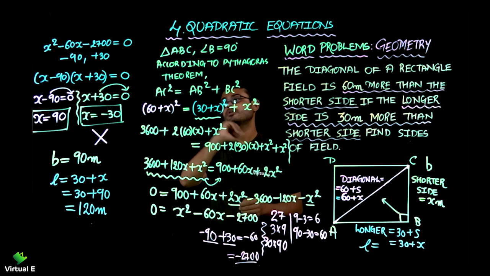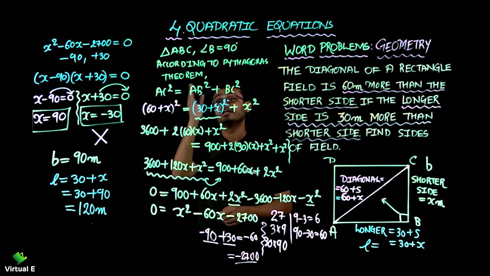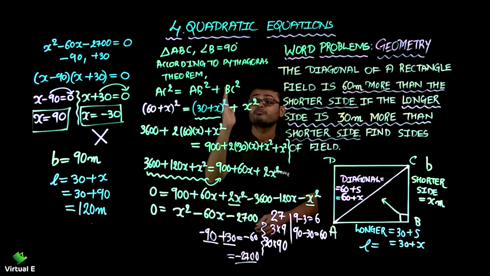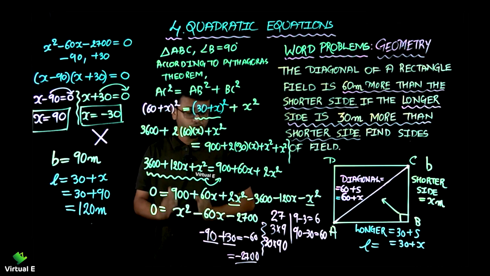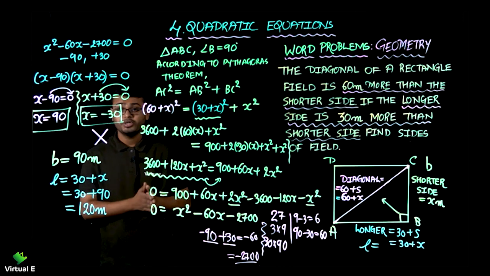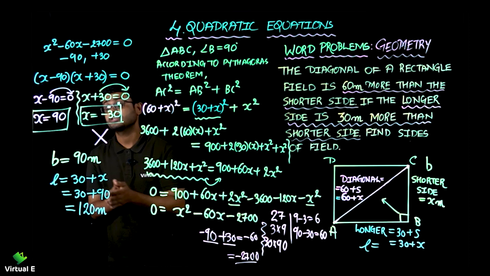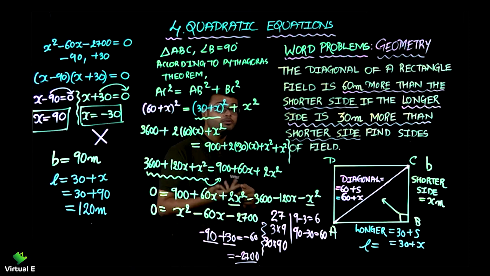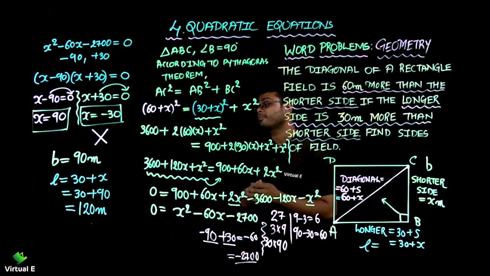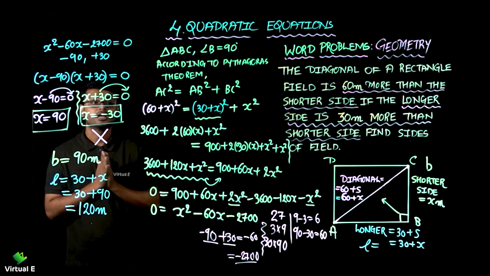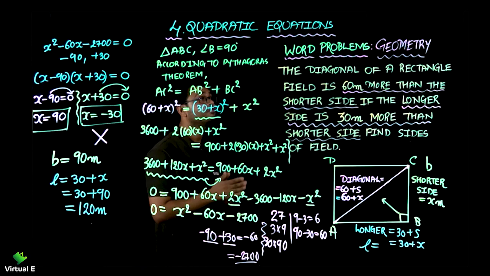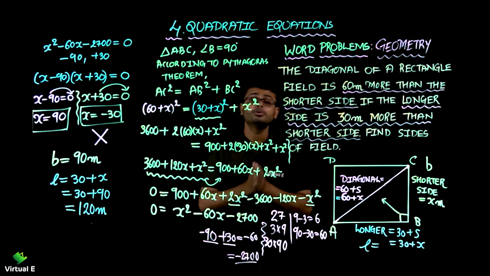So let's form the equation, which is AC square is equal to AB square plus BC square. Substitute the values, simplify the equation, then solve your equation by factorization, quadratic formula, or completing the square. Get the answer and verify which of them is the correct one. So this is how we solve word problems related to geometry.